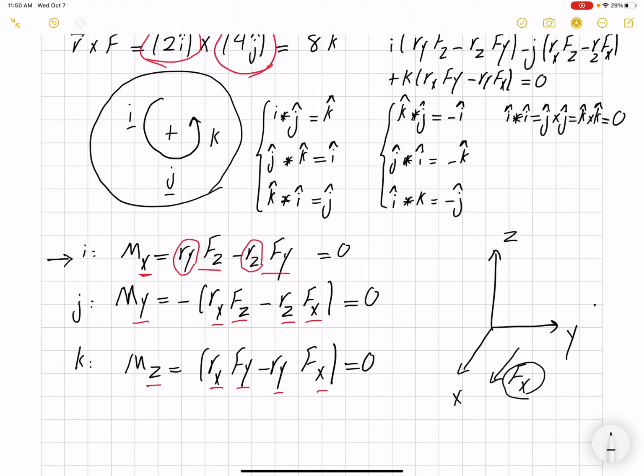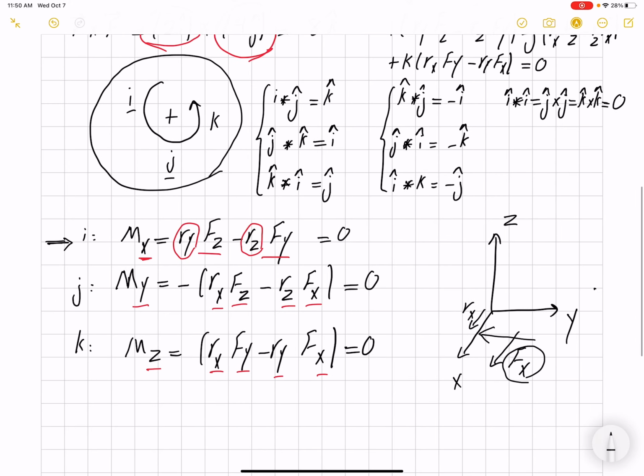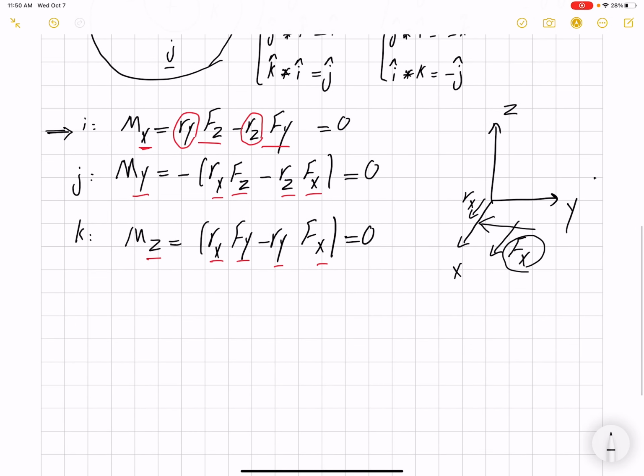And also, if there is a force that is crossing the x-axis, that force is not going to create any moment about x, because there would be rx here, and we don't have any rx in this definition either. So if a force is crossing an axis or is parallel to the axis, it's not going to create any moment about that axis. So that's very important.